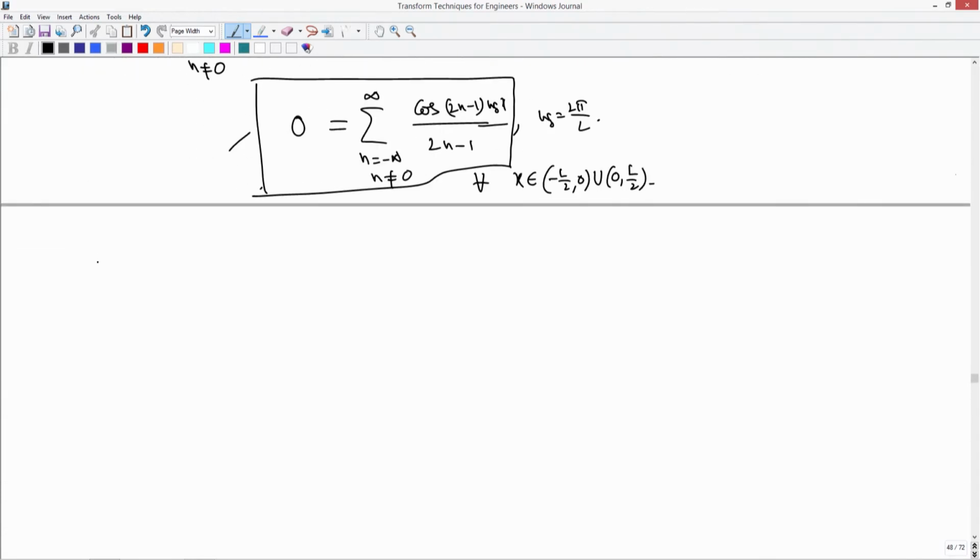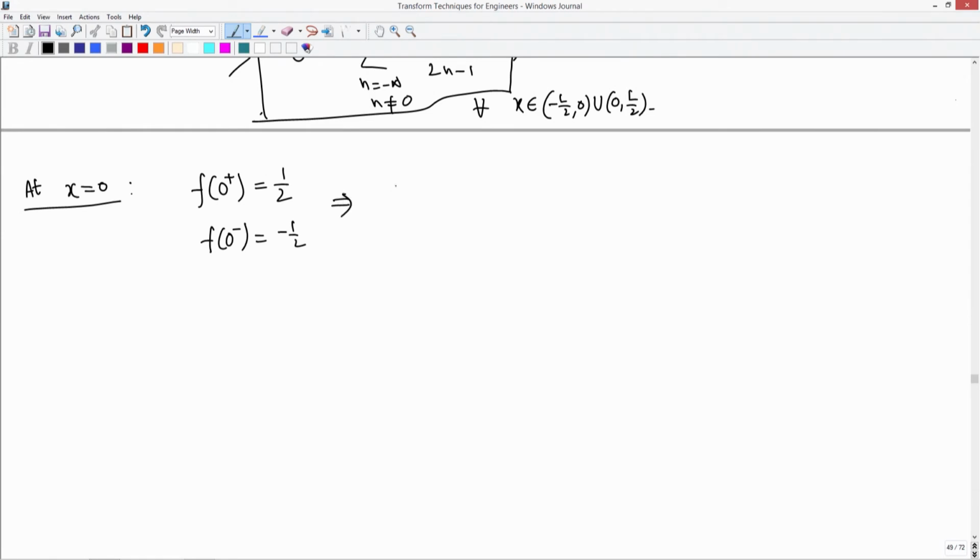So, what happens at 0? First consider x equal to 0. At x equal to 0, we see f of 0 plus is half, f of 0 minus is minus half. So the average value, f of 0 plus plus f of 0 minus divided by 2, is half plus half divided by 2, that is half.